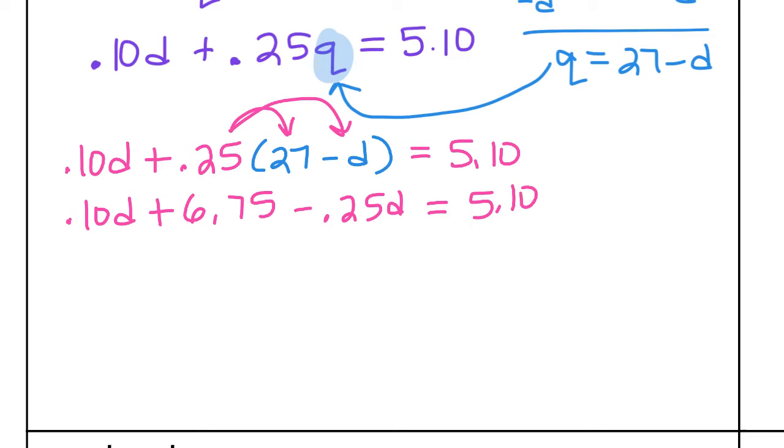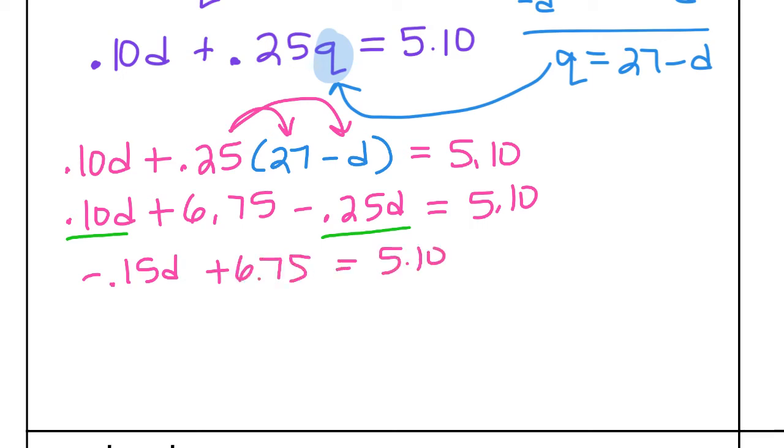Let's combine our like terms. So the first one and the third one both have D's. When we put that together, 0.10 minus 0.25 gives me negative 0.15D. The rest of the equation stays the same.